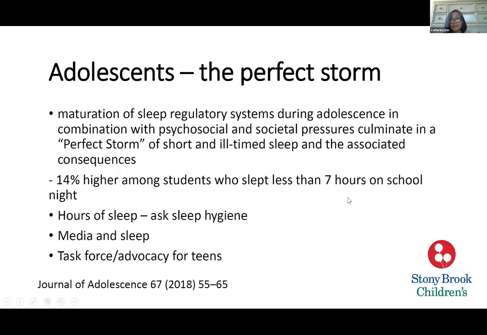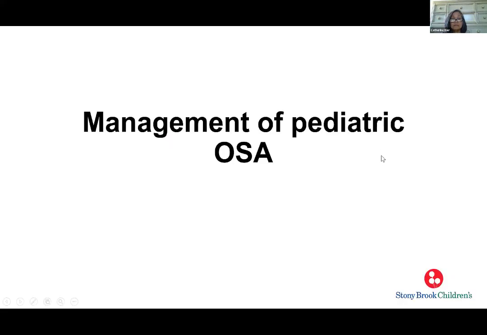Remember when we discussed how many hours of sleep the adolescent age group needs? Ideally it's 8 to 10 hours of sleep. So it's our responsibility to make sure that we ask about sleep hygiene, media, and sleep, and also really advocate for them. There's a number of states now that allow high schools to have a later school time.